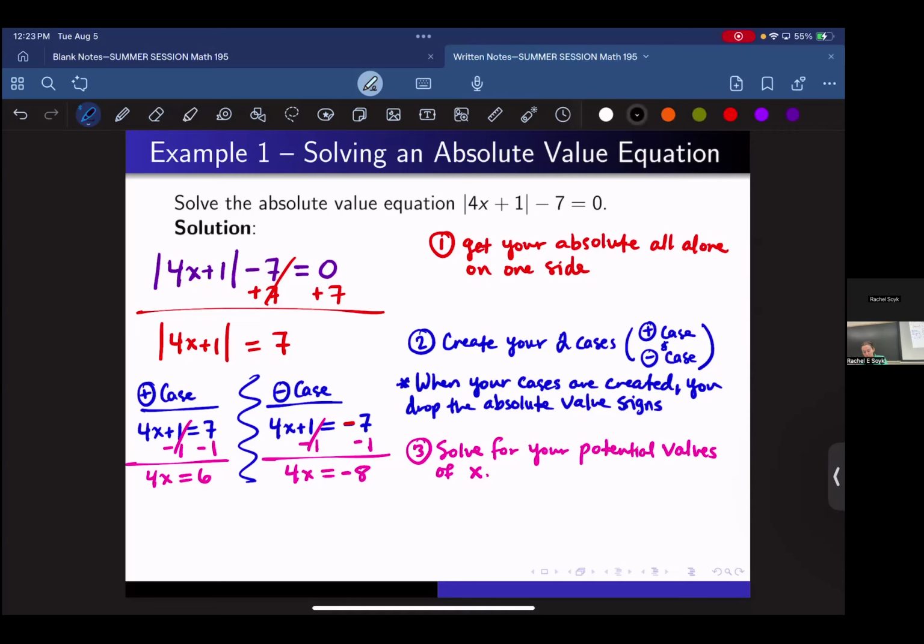And then inverse operations again, we're going to divide both sides by 4. And so your two potential solutions are going to be x is equal to 6/4, which is reduced to just 3/2, or x is equal to -2.